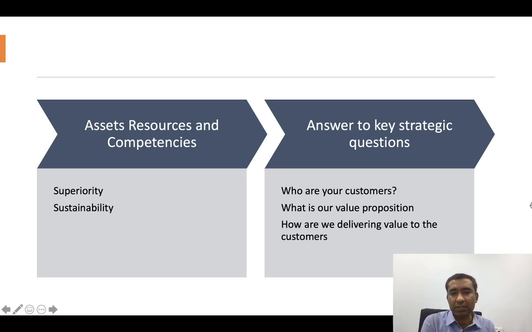So first is to identify our customer. Second is what type of values we are providing them, and finally how we are going to provide these values. These key questions need to be answered if you want to develop a strategy for marketing of high-tech products.